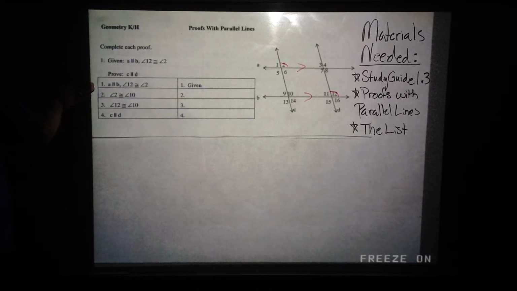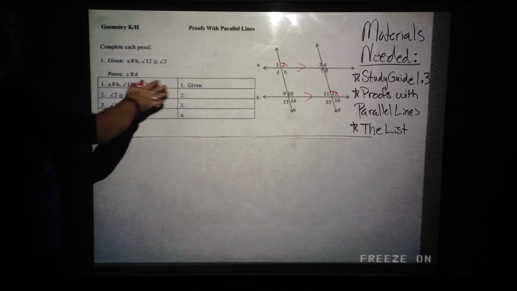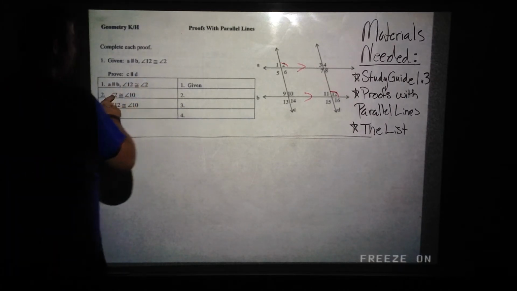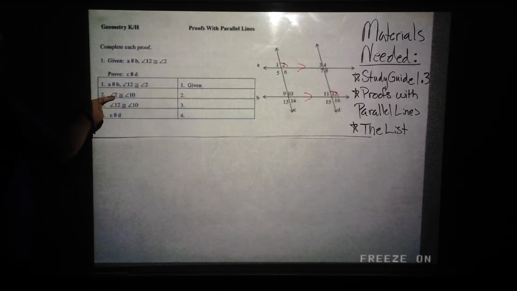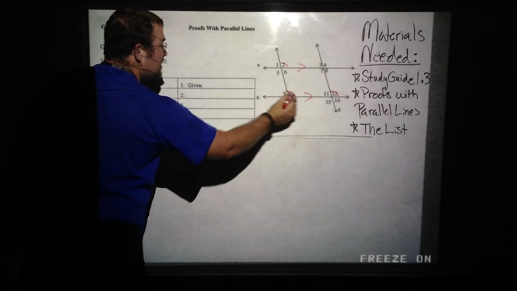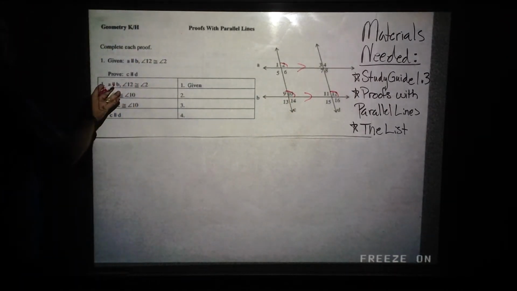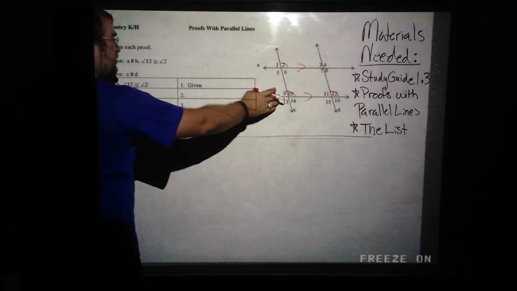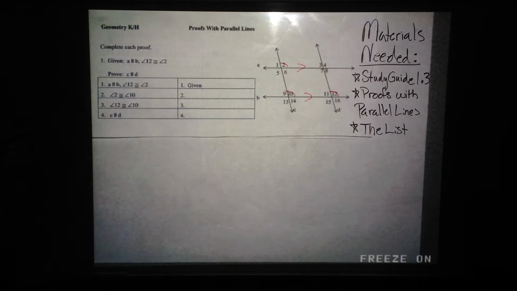So looking at our first line, it's a line that was given to us, but if we notice, A and B are parallel. And then we know that it says that angle 2 is congruent to angle 10. If we know that line A and line B are parallel to each other, and angle 2 is congruent to angle 10, then we know that we have a set of corresponding angles.